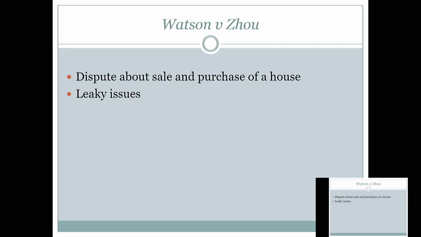And the purchasers sought to claim damages or get some monetary relief from the vendors based on the value of the property with the leaks, as opposed to the value of the property it would have had without the leaks. And they argued breach of warranty, they argued misrepresentation, and for our purposes, most importantly, they argued mistake.